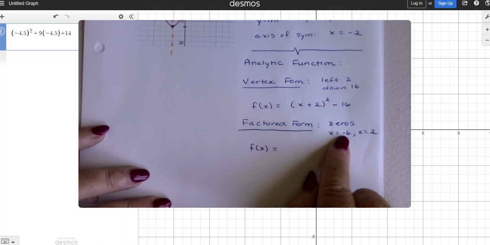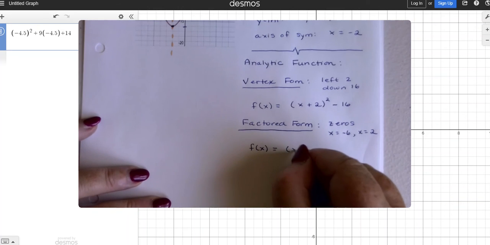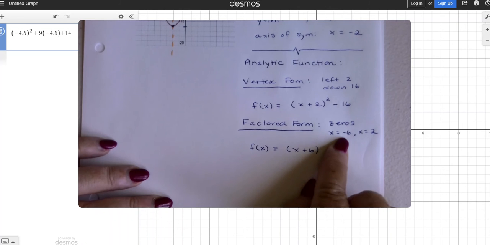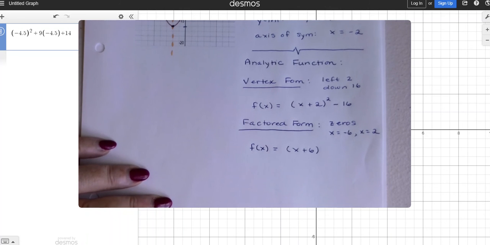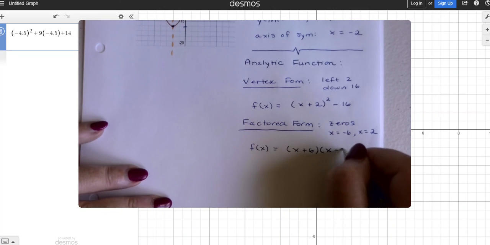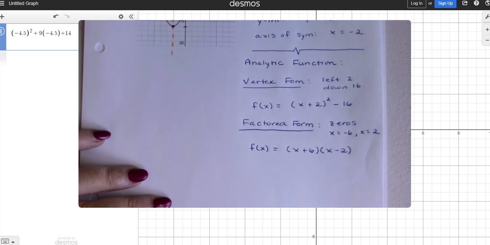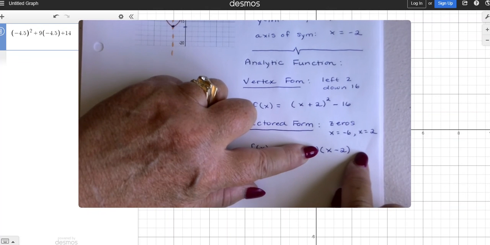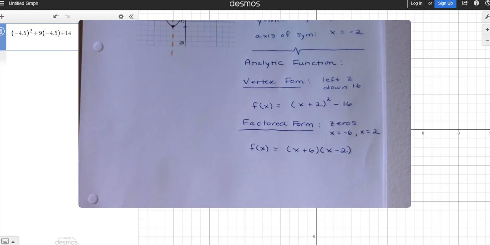Well, if x equals -6, wouldn't that have required a factor of x plus 6? That way when you set it equal to 0, you get -6. And similarly, to get a zero of +2, I would have to have a factor of x minus 2. Again, when I then set that equal to 0 and solve it, I get the zero of 2. So I believe my factored form is x plus 6, x minus 2.